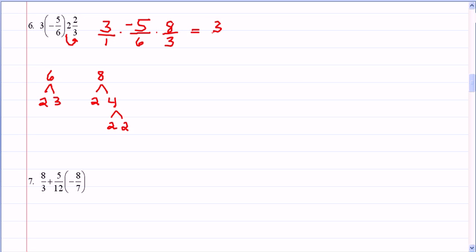So I have 3 over 1 times negative 5 over 6, but 6 is now 2 times 3, and then 8 is 2 times 2 times 2, over 3.